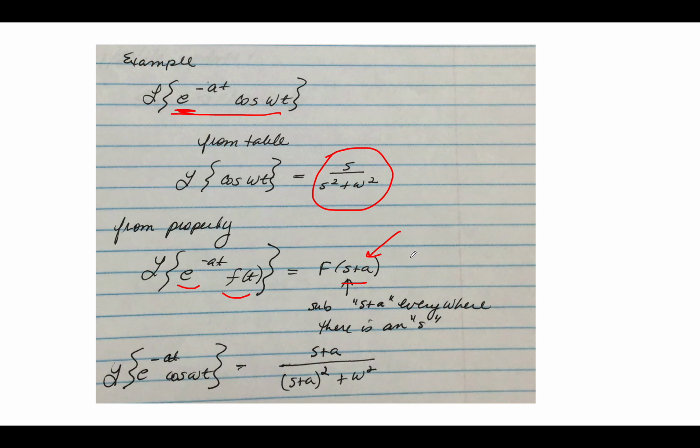So if we come back up here to the transform of the cosine, if that's multiplied by e to the minus at, then all of the s's become s plus a. That's what's done right here: that property has been applied. As I said, this one is typically given in the tables, but I think it's a nice illustration of this property of frequency shift.